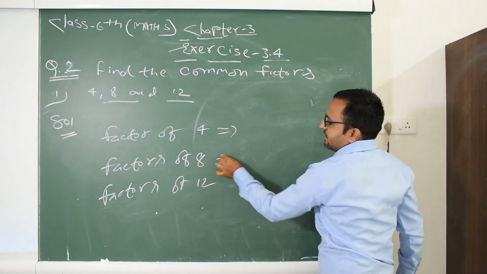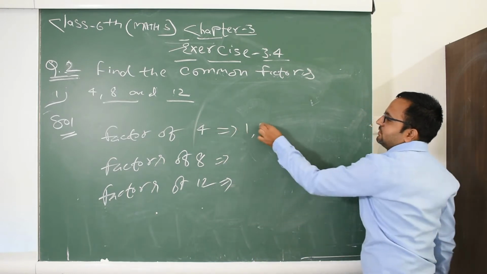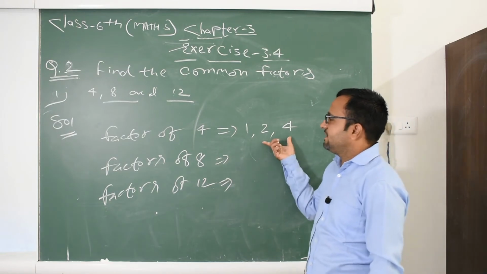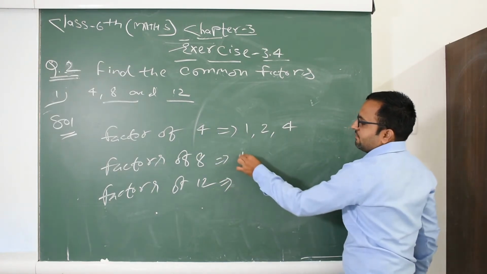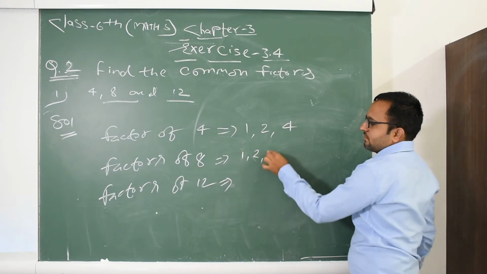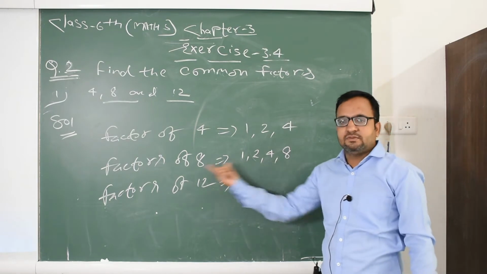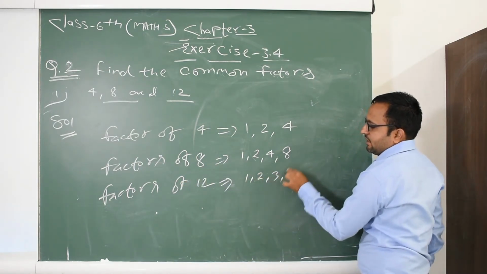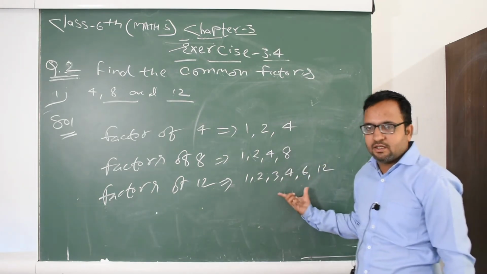So what are the factors of 4? 1, 2 and 4. Now the factors of 8: 1, 2, 4 and 8. Now the factors of 12: 1, 2, 3, 4, 6 and 12.